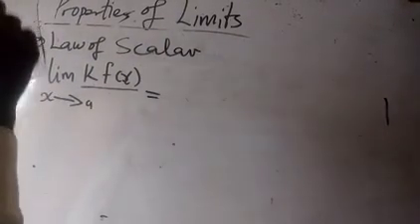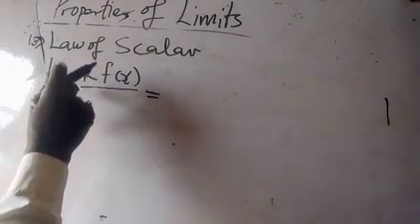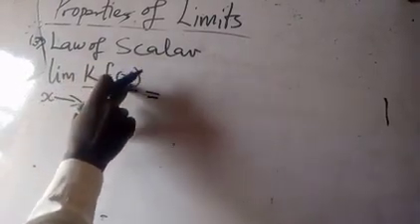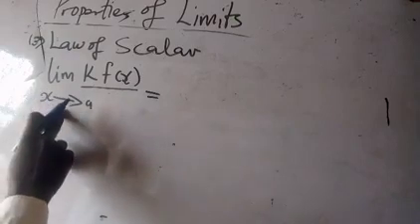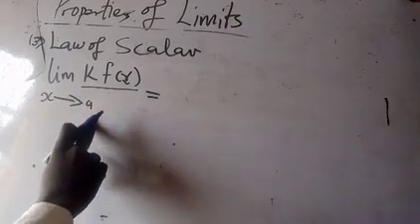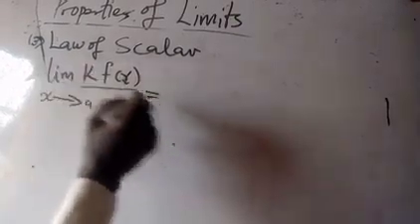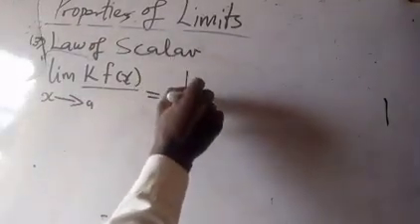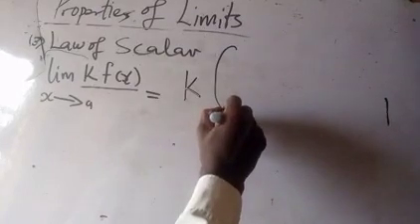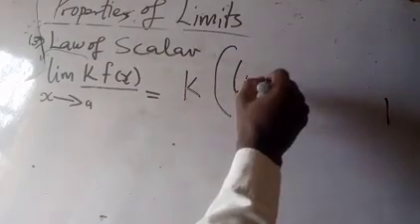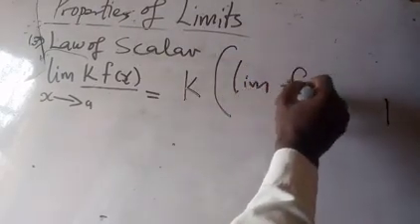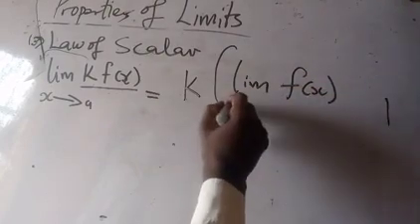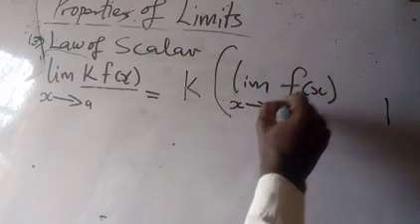What is the limit of k f of x as x gets to a? It is k, being a constant, multiplied by the limit of f of x as x gets close to a.